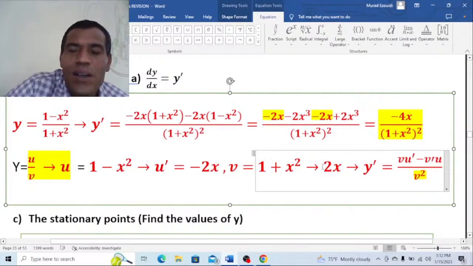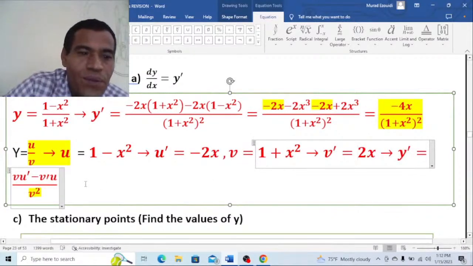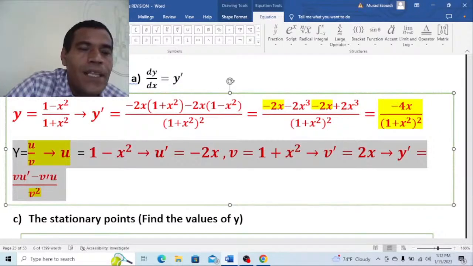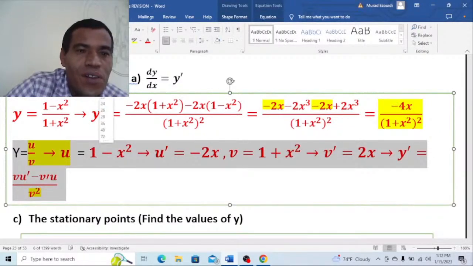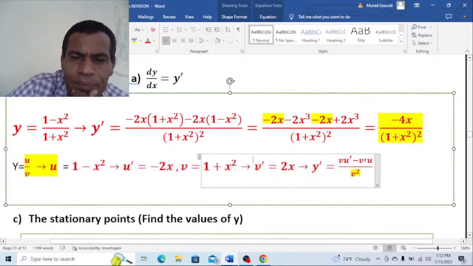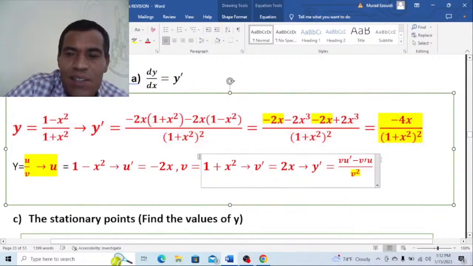I'll write v dash equal, and I'll put here minus 2x multiplied by 1 minus x squared. Therefore we explain this: that is negative 4x over 1 plus x squared.